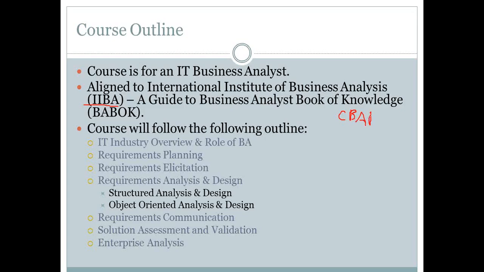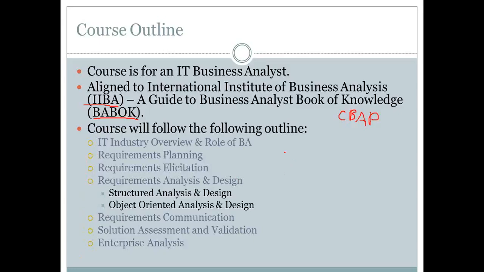So this is what IIBA does, and they have published this book called Business Analyst Book of Knowledge. So we are aligned to that Business Analyst Book of Knowledge. So the 6 knowledge areas are actually specified by them. So the course outline is also structured along these 6 knowledge areas, right?